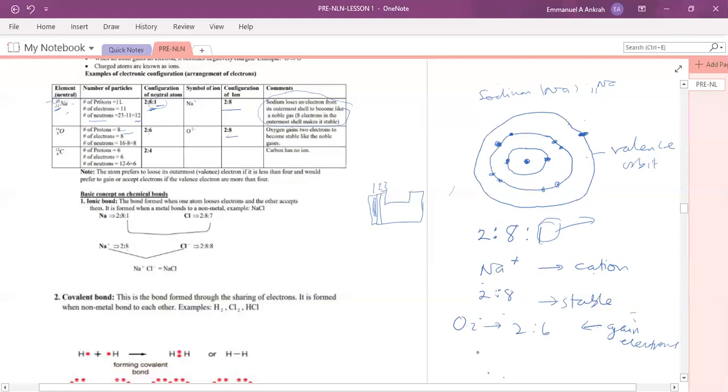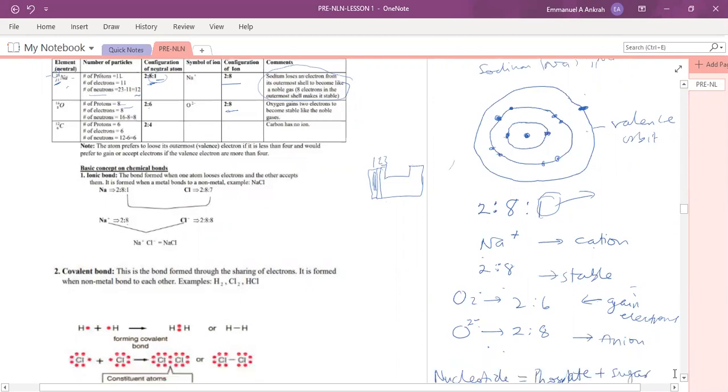So now it gains 2 electrons to become 2, 8. Once it gains 2 electrons, we have more negatives than positives. So that's why I have 2 negative, for the electron gain. This is what we refer to as the anion. So electron gain becomes negative, electron loss becomes positive.